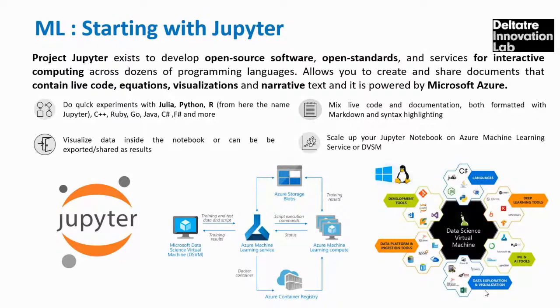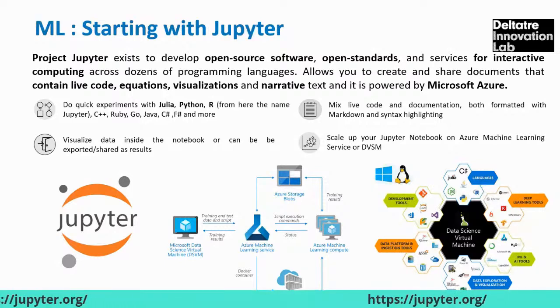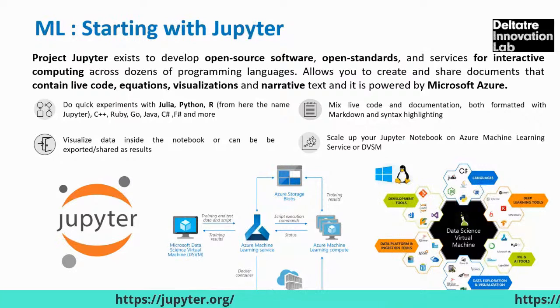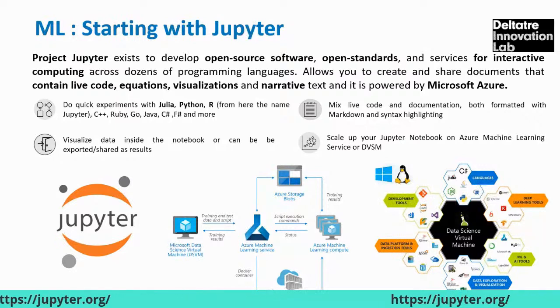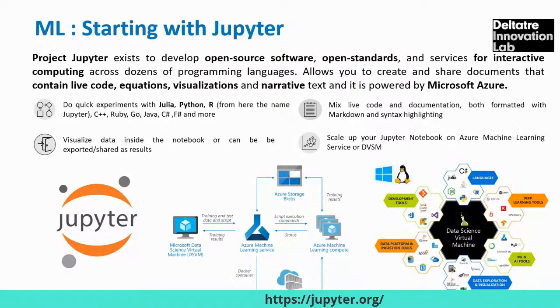You can host Jupyter on a virtual machine, or you can use platform services like Azure Machine Learning Services. In our demos today, we see Jupyter on DSVM, the data science virtual machine.